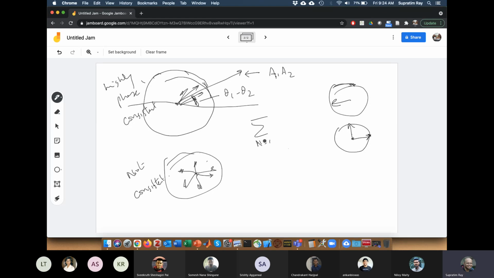Suppose I've got trials, and I am just taking the sum of these for the kth trial, and e to the power j(φ1 minus φ2) for the kth trial. The only problem in this case is that the final answer that you are going to get is going to depend trivially on the amplitudes. If the amplitudes are very large, even after cancellation, it's going to be large. So how do I address that?